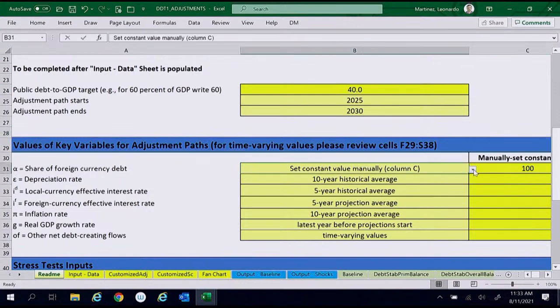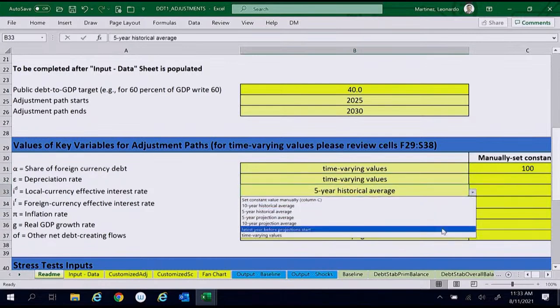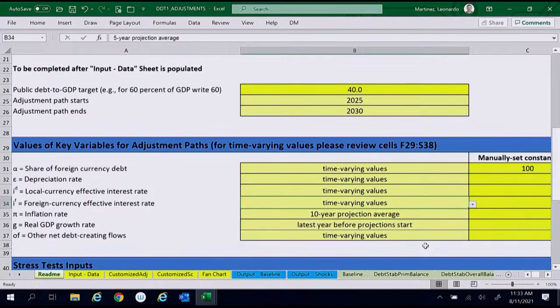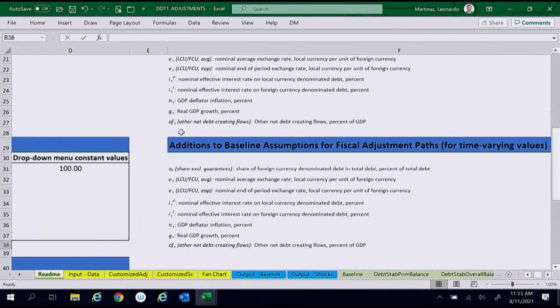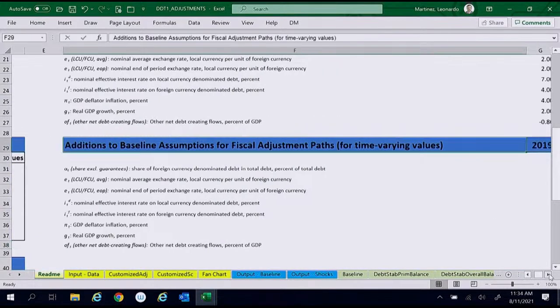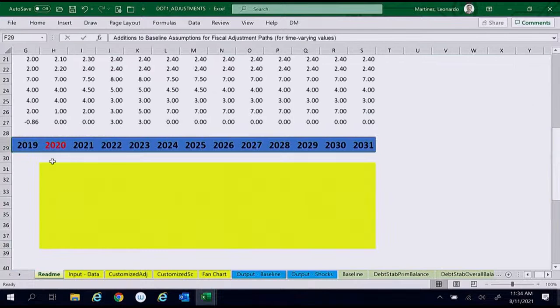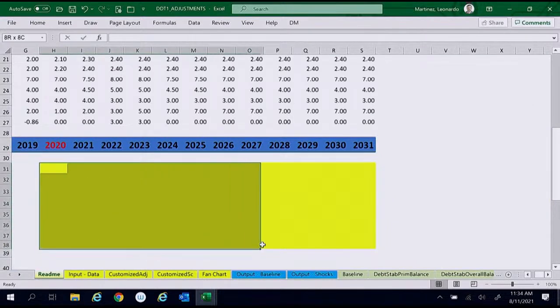To do so, we choose time-varying values under values of key variables for adjustment path. And we make sure we don't input anything under addition to baseline assumptions. With that, we are done inputting our assumptions for the fiscal adjustment scenario.